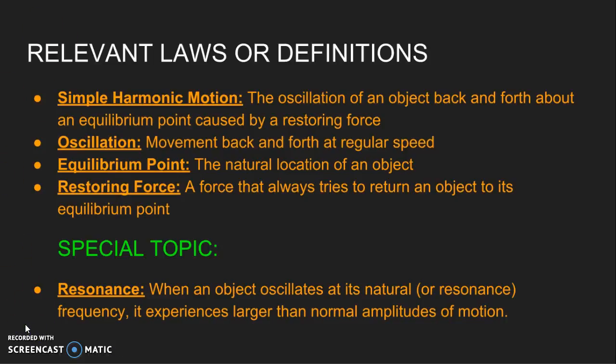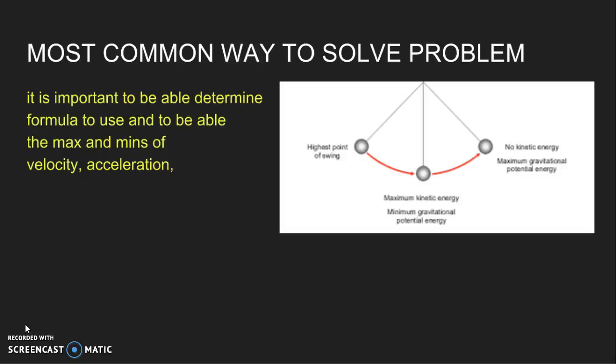Our next slide is most common way to solve problem. And for simple harmonic motion, the most common way is to be able to determine what formula to use and to be able to determine the max and mins of displacement, velocity, and acceleration and force.